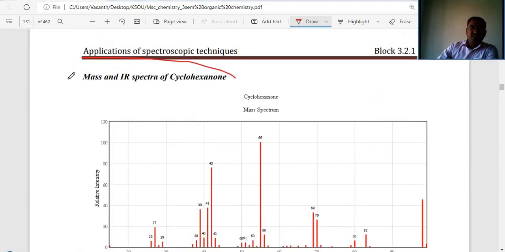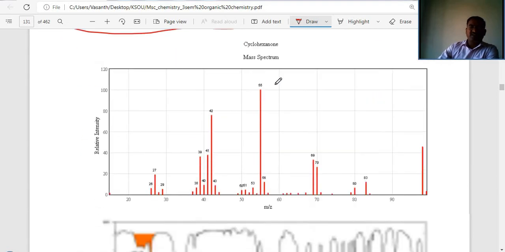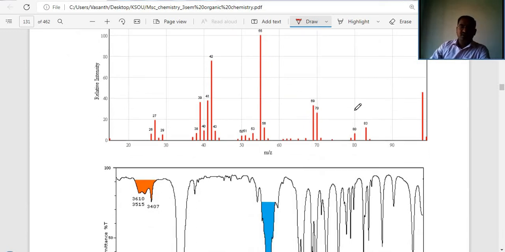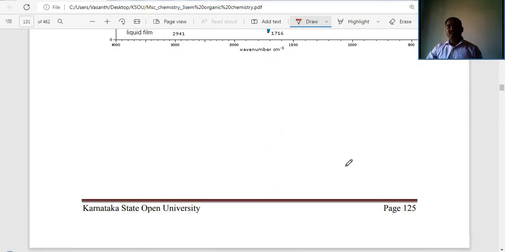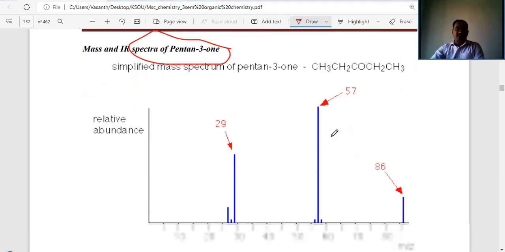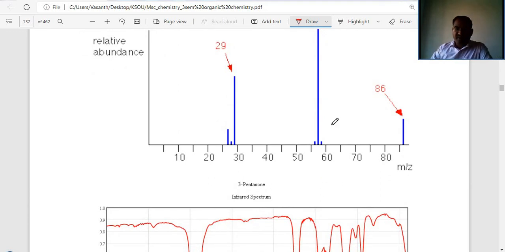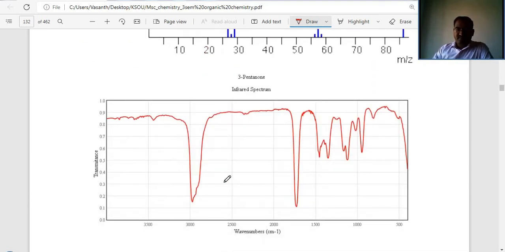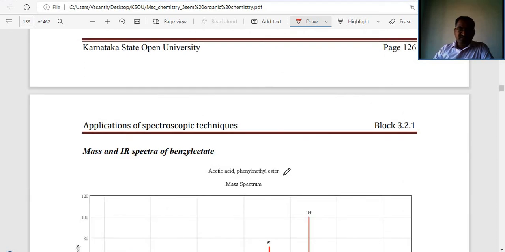This is the cyclohexanone molecule, mass and IR spectra of the cyclohexanone molecule. This is the mass spectrum, this is the IR. This is the mass spectra of pentan-3-one, and this is the IR spectra.